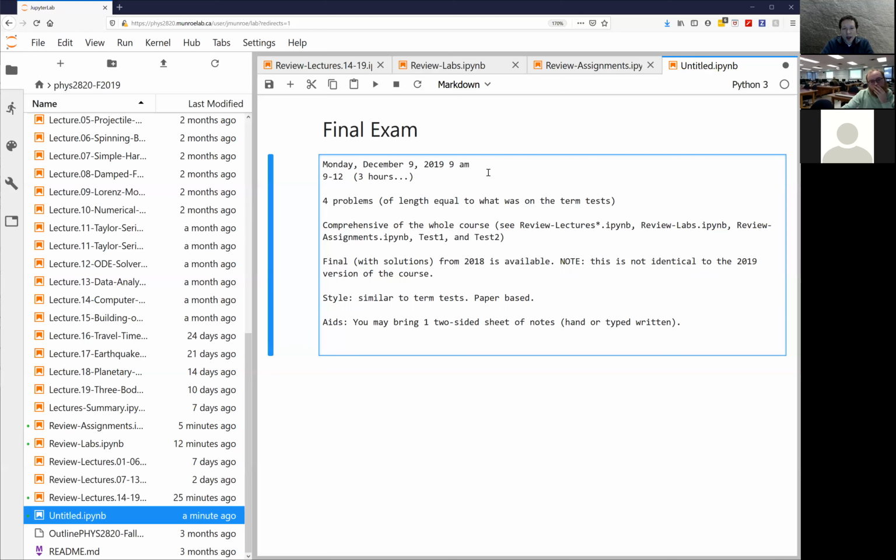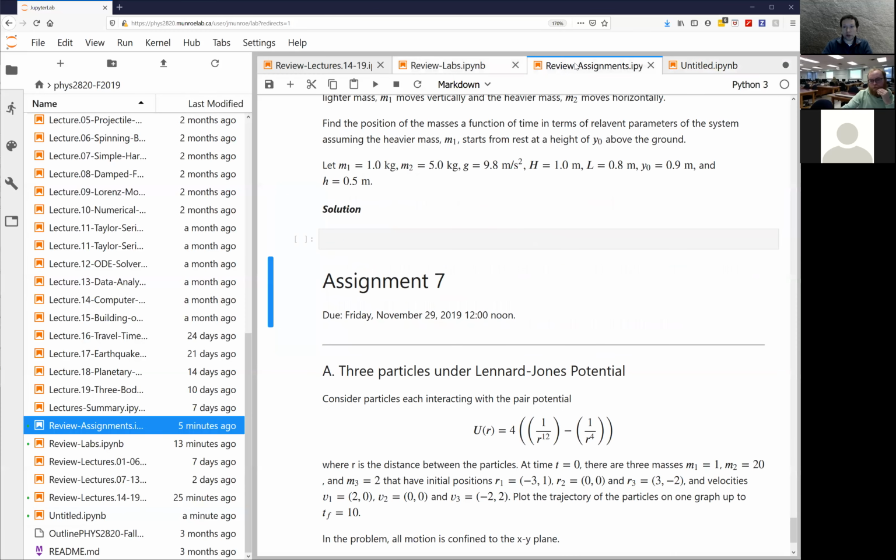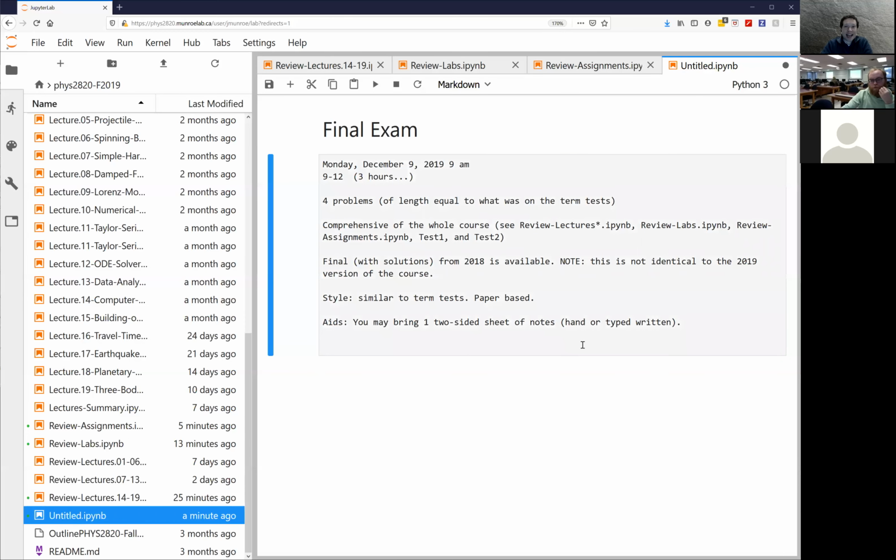I don't need you to memorize things, but condense it down. I've already condensed down 7 + 7 + 19, whatever that is, into 5 notebooks for yourself. If you're able to take that and reduce it down again to 2 sheets of paper, a front and a back, I think you've covered all the material.